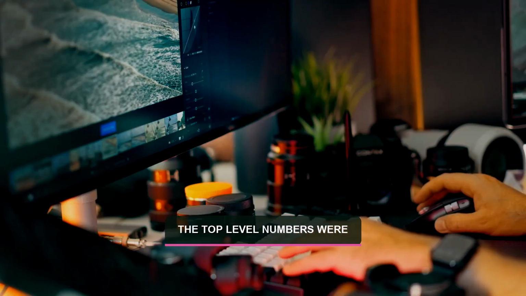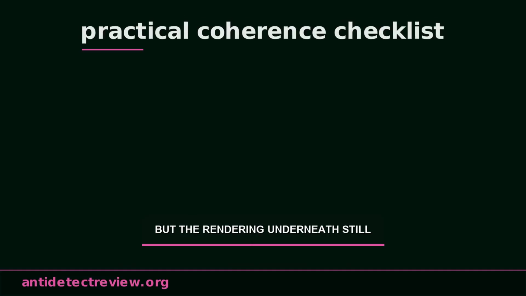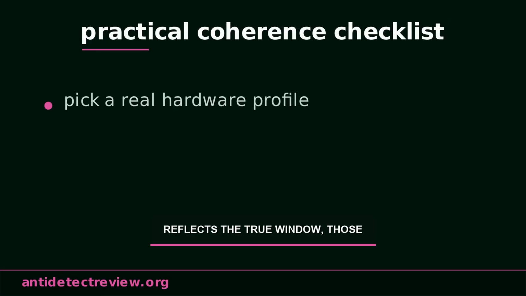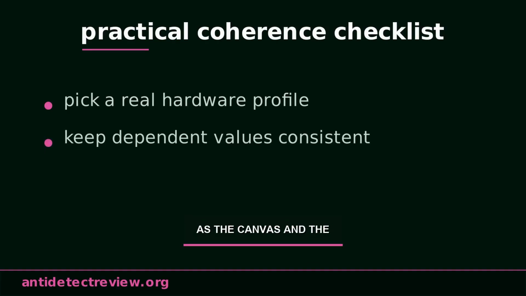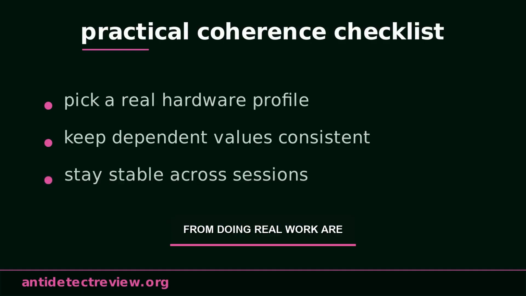If the top-level numbers were rewritten, but the rendering underneath still reflects the true window, those two disagree, and the disagreement is the finding. This is the same lesson as the canvas and the web-GUI signals. The values a page derives from doing real work are much harder to fake than the values it simply asks for.